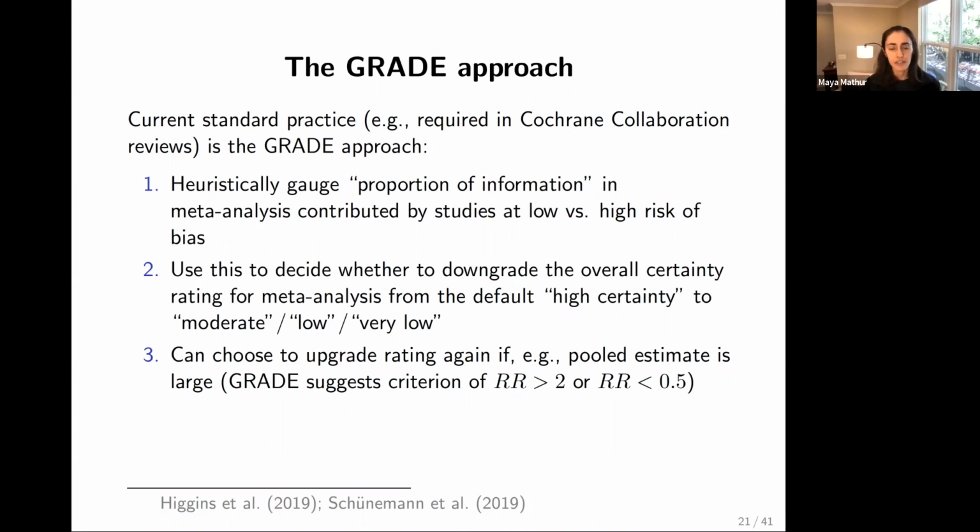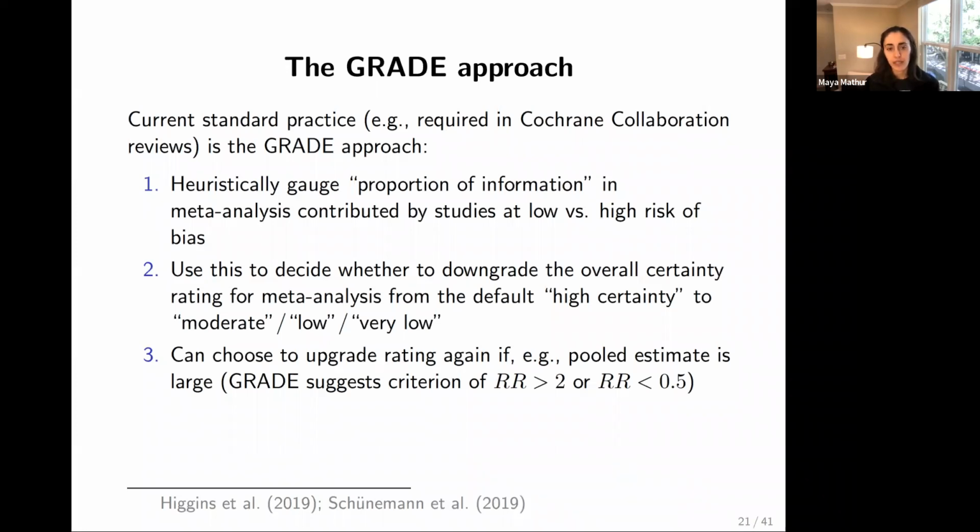This starts by heuristically gauging the proportion of information in a meta-analysis that's contributed by studies at lower versus higher risk of bias. This is not necessarily a quantitative proportion of information, but a heuristic judgment of the relative weight of these different studies.